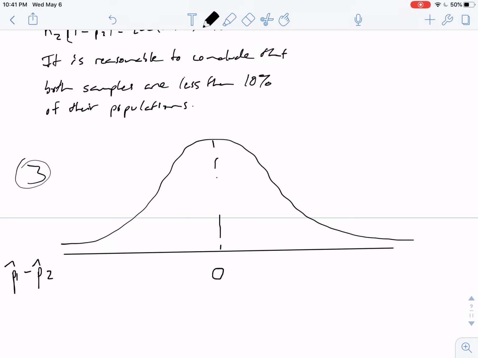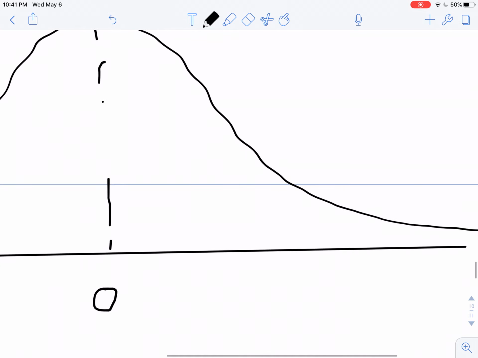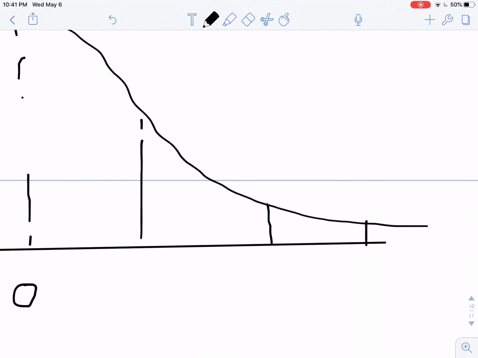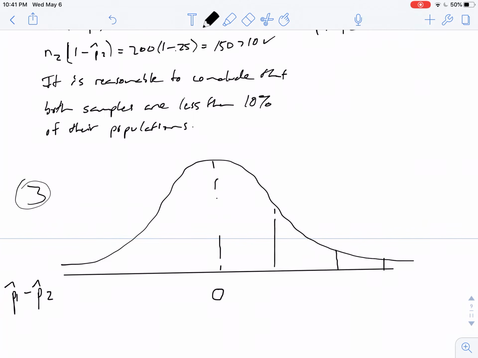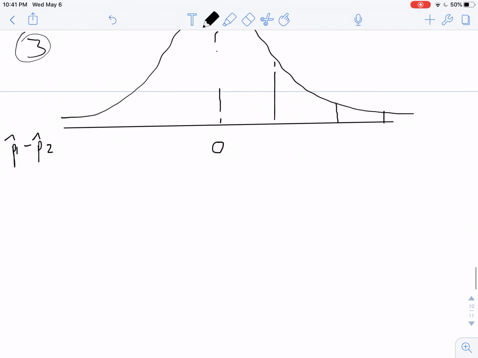If I assume the two populations are the same, I would assume that the difference of my two samples would be centered at that value as well. Then I want to mark off a few standard deviations in each direction. Now I need to calculate that standard error, but before I do that, I need to calculate my pooled proportion, or my combined sample proportion.